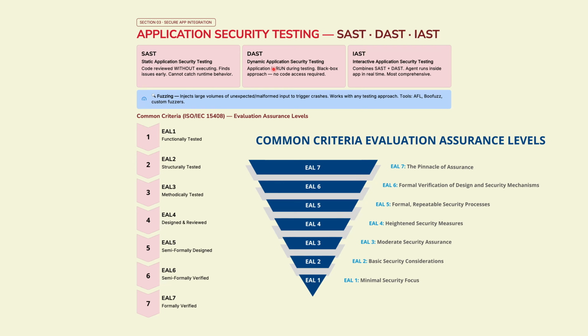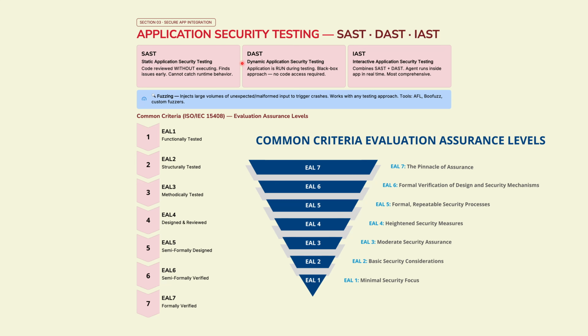The second one, dynamic application security testing, tests the running application from the outside using a black box approach. No source code access required. As a result, it catches issues that only manifest during execution, like authentication bypass or XSS.